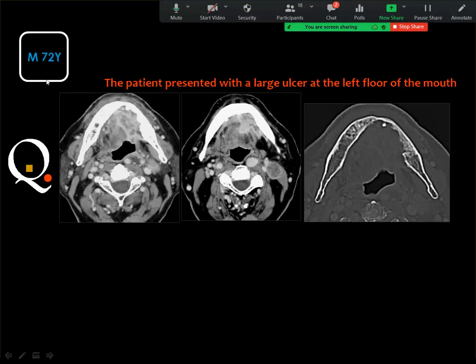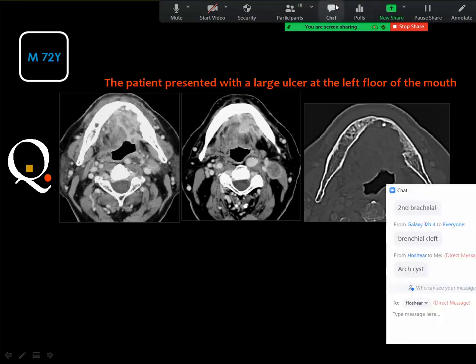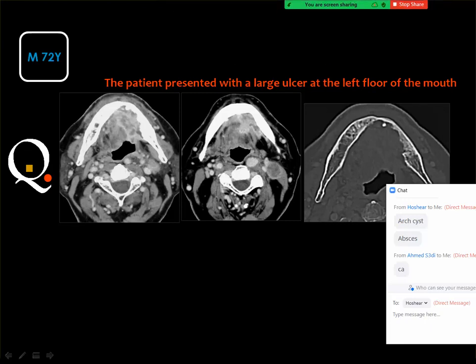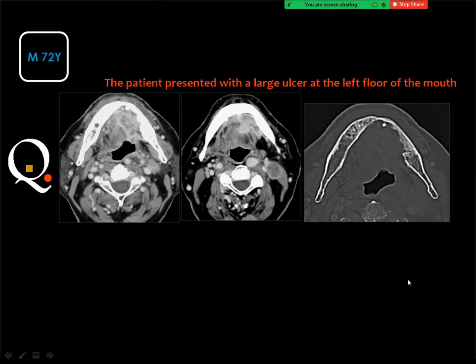This patient is 72 years old with a large ulcer in the floor of the mouth. Yes, and this is not an abscess actually, this is carcinoma.